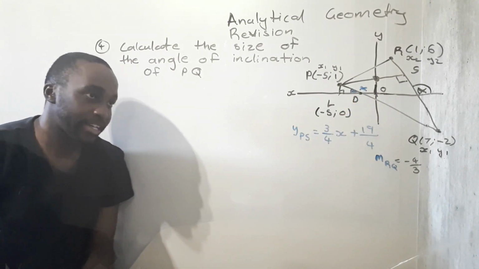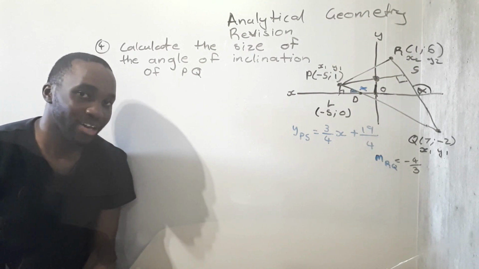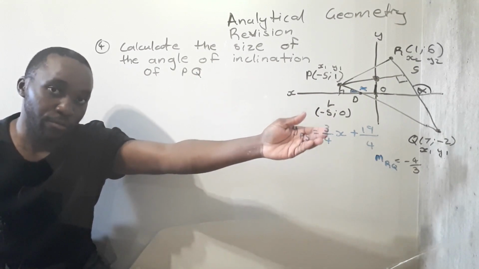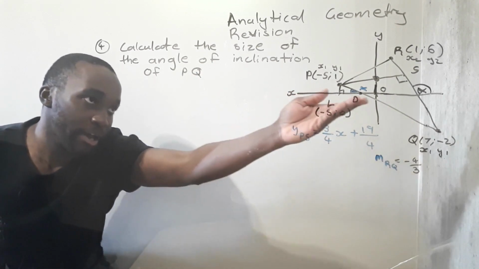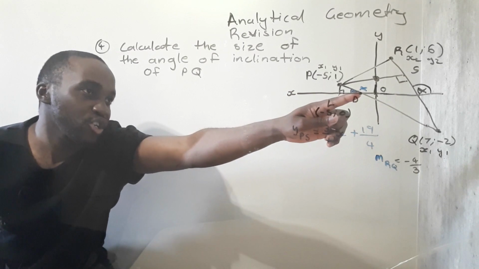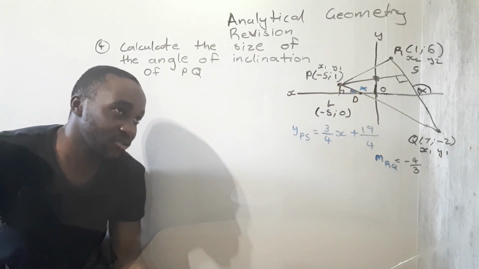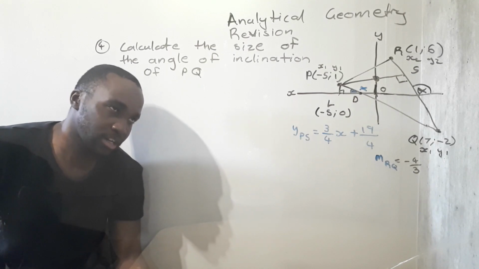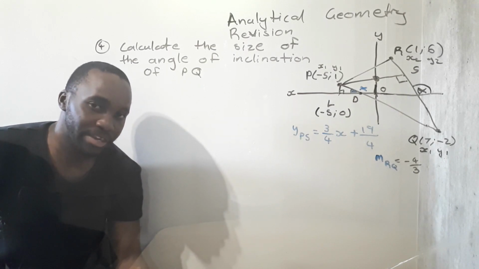Now your angle of inclination, you always want to calculate it from the left, as in the left side of your x-axis. So you see our angle of inclination here, it is going to be that portion there with the x there. So that's the portion that we need to work out if they're asking for the angle of inclination of the line PQ.